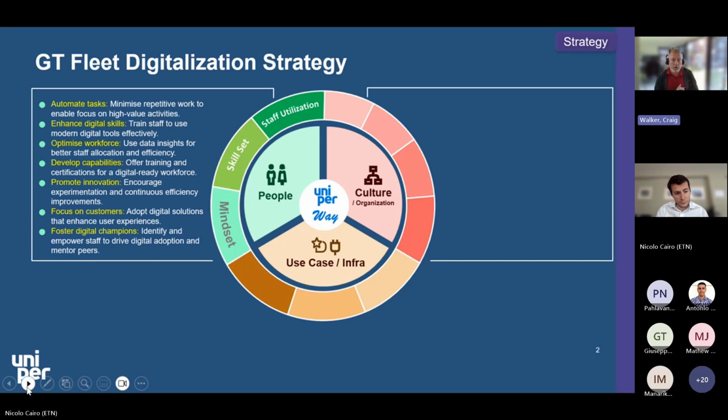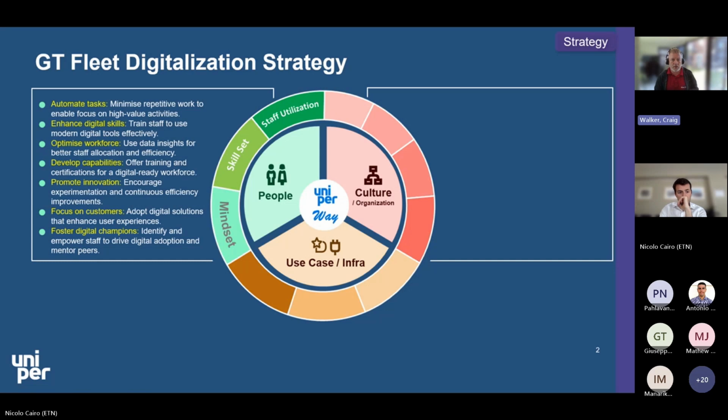So what we came up with is this digital fleet strategy around these 3 pillars. As well as a digital use case, that technical solution, I also looked at people and culture. Now with people, what's their mindset? What's the skill set? How can we best utilize their skills in their job and reduce the non-value added stuff?